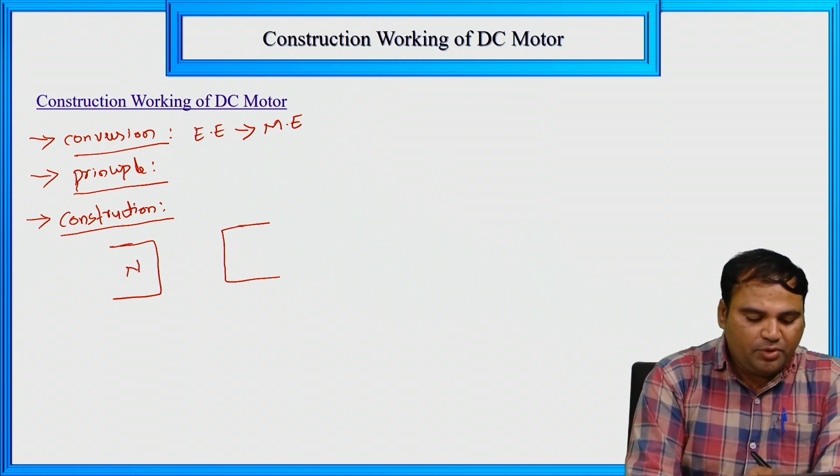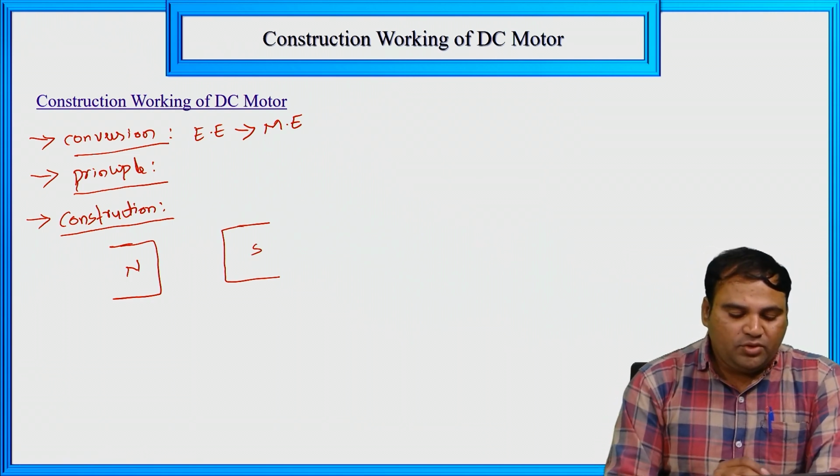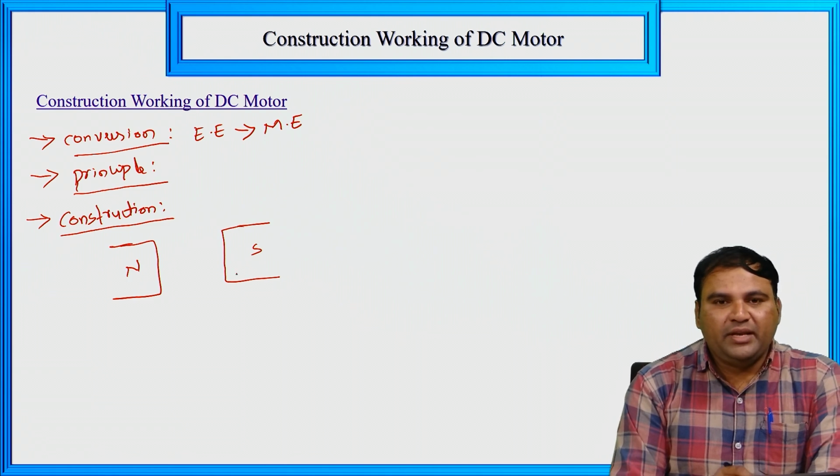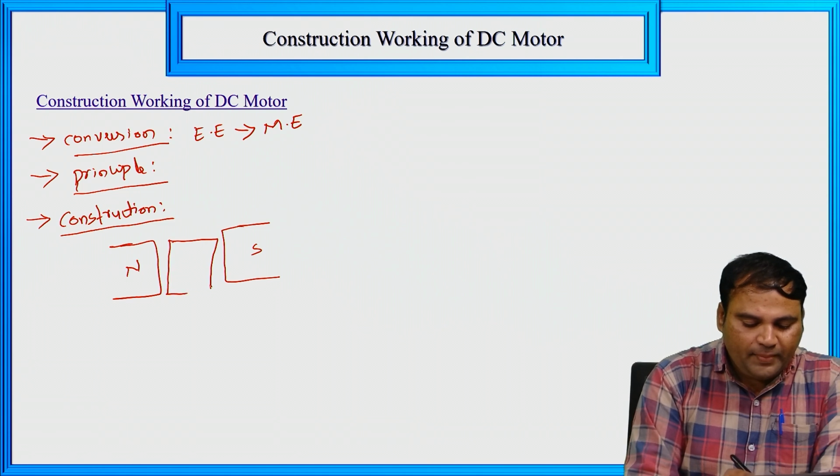One is the North Pole, another one is the South Pole, so we have two poles here. In between the two permanent magnets, we need to place one copper coil. So here is the copper coil.